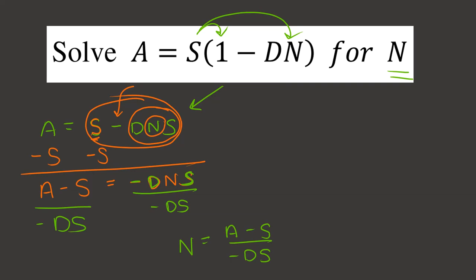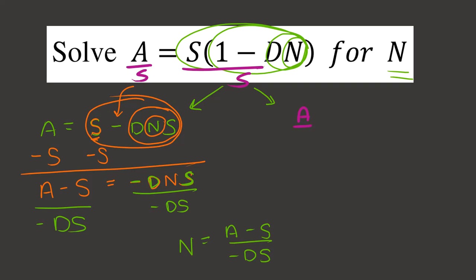What if instead we started to see this as an onion from the very beginning with n, dn, 1, and then this s around the outside? If that's the way you saw this, then the first thing you did instead of distributing might be to divide both sides by s.